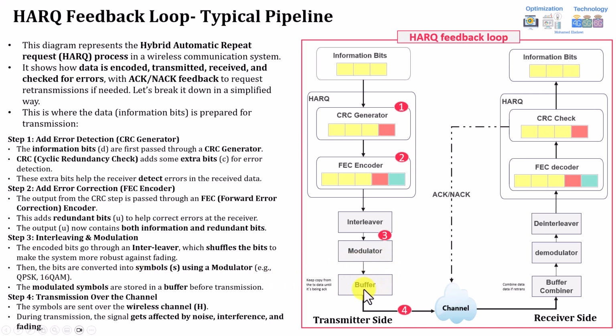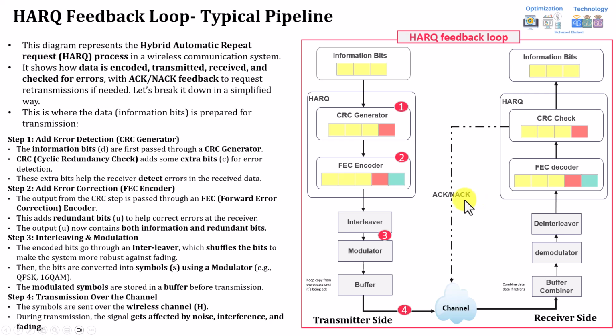And for me, the buffer is very, very important to understand. Why do we have a buffer in the transmitter and a buffer in the receiver? This is one of the questions you need to ask yourself within the HARQ, because once the transmitter sends the data, it has to keep a copy of this data, waiting for acknowledgement from the receiver. If it receives the acknowledgement, it can flush or remove this data from the buffer.